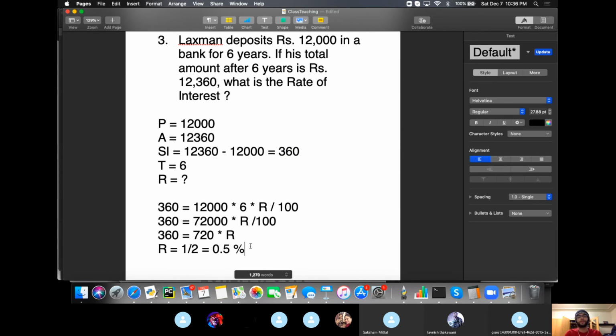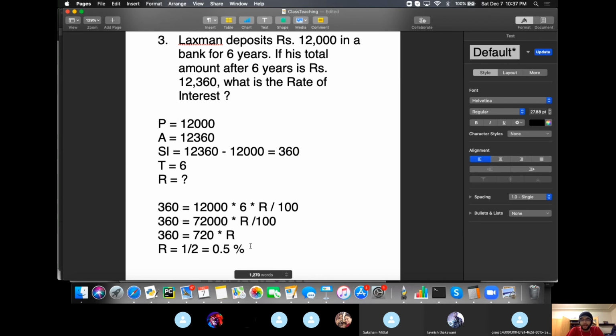The rate of interest is 0.5%, because 0.5% of 12,000 is 60, and that is the amount of money being added to your account every year. So after 6 years, it's 12,360.